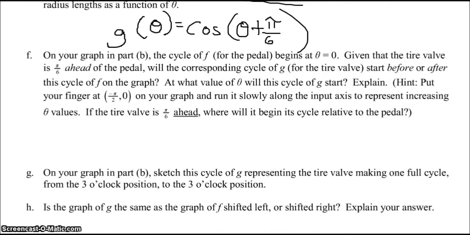On your graph in part B, the cycle of F for the pedal begins at theta equals 0. Given that the tire valve is pi over 6 ahead of the pedal, will the corresponding cycle of G start before or after the cycle of F on the graph? I think that it will start before.